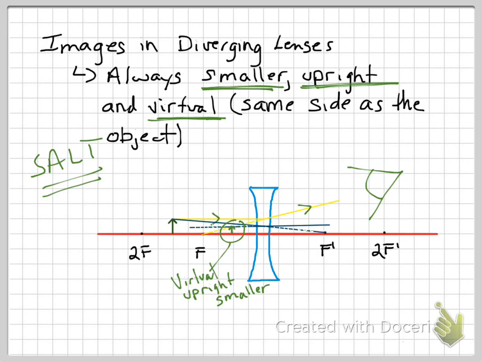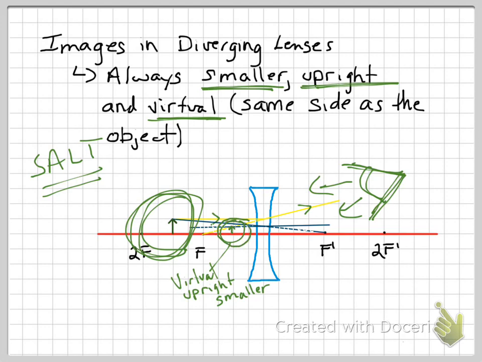Diverging lenses are also going to be a virtual image, but again, you are looking from this perspective. So this is the object side. You're going to be looking from the non-object side and trying to locate that image.